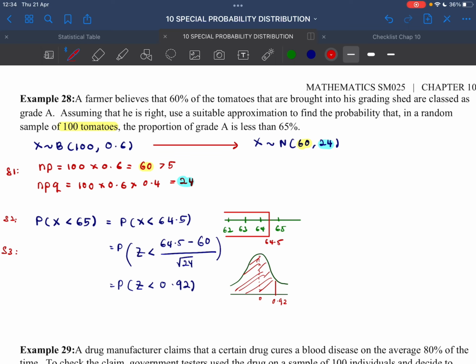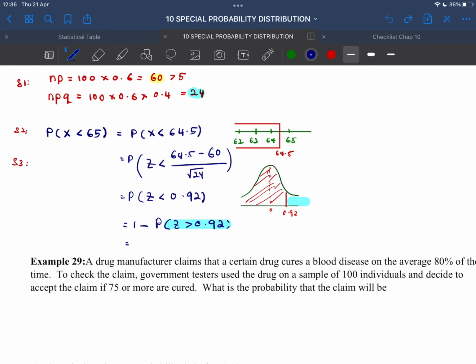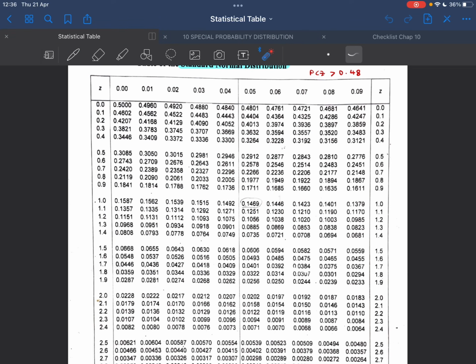Okay, so to find P(z less than 0.92), we have to do 1 minus P(z greater than 0.92), which represents this area here. Why are we changing this? Because if you want to use the table, the probability has to be greater than or greater than and equal to. So from the table, you have z greater than 0.92. So let's find 0.92 from the table.